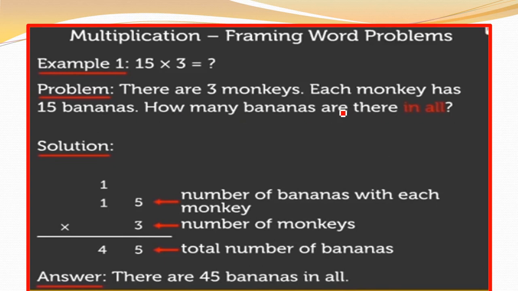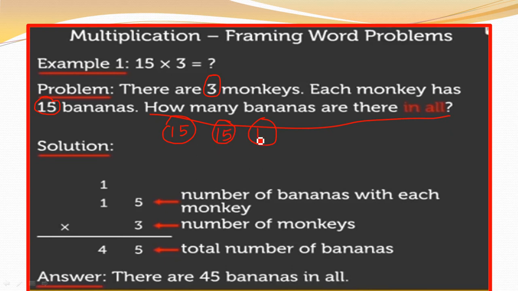So again, let us think what we have to find: how many bananas are there in all. What information do we have? We have 3 monkeys and each monkey has 15 bananas. So let us make a picture. Instead of our model, we can make a picture of it. So these circles are monkeys. Each monkey has 15 bananas.